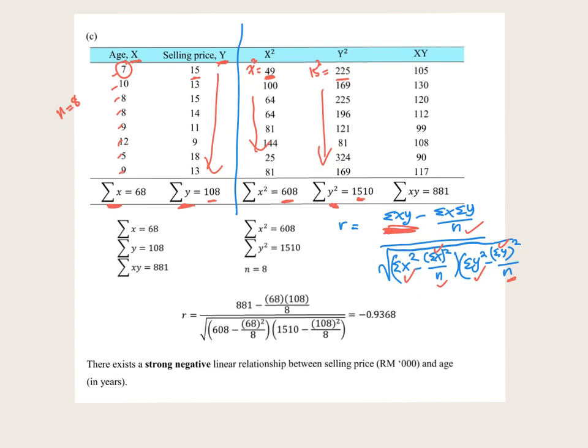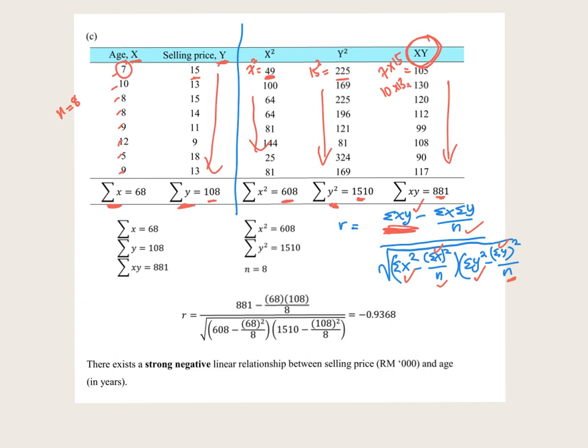In order to calculate it, you need to add another column where x is multiplied by y. 7 multiplied by 15, you are going to get 105. 10 multiplied by 13, you are going to get 130. You total up all the values, you're going to get 8801 for this one.